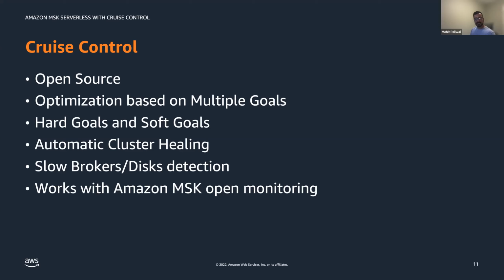One interesting part that I want to talk about is that Cruise Control needs Kafka metrics to monitor the cluster, right? It does that to understand the load on your cluster and build a cluster model. This is all done by providing a metrics reporter jar that you can install on your Kafka brokers. The metrics reporter jar then saves the Kafka metrics on a topic in your cluster.